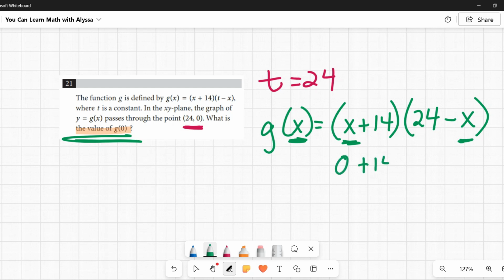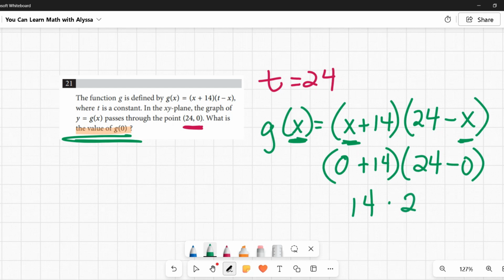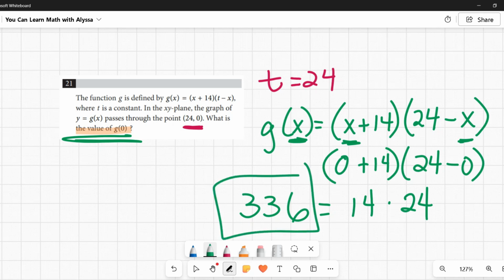So I have 0 plus 14 times 24 minus 0. 0 plus 14 is just 14. 24 minus 0 is 24. And let's see, 14 times 24 is 336. So that is it. That is my value of g of 0. It is 336, and that is my answer.